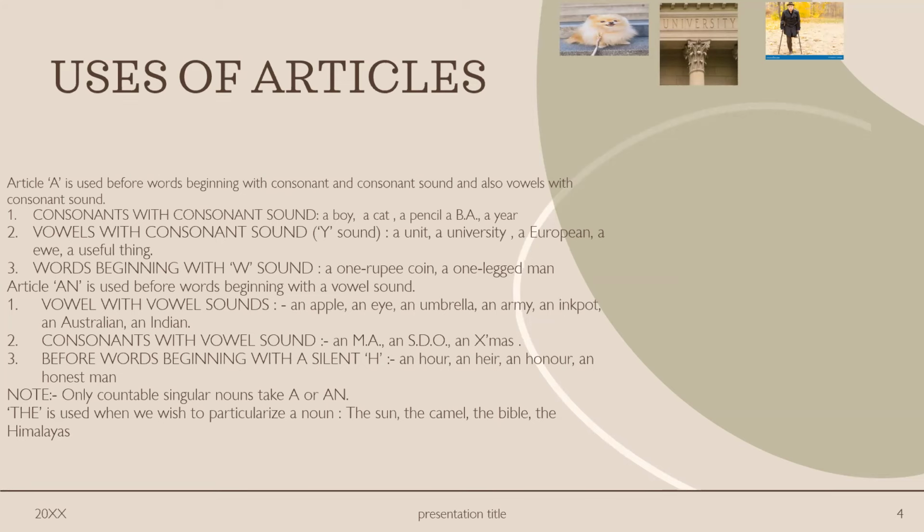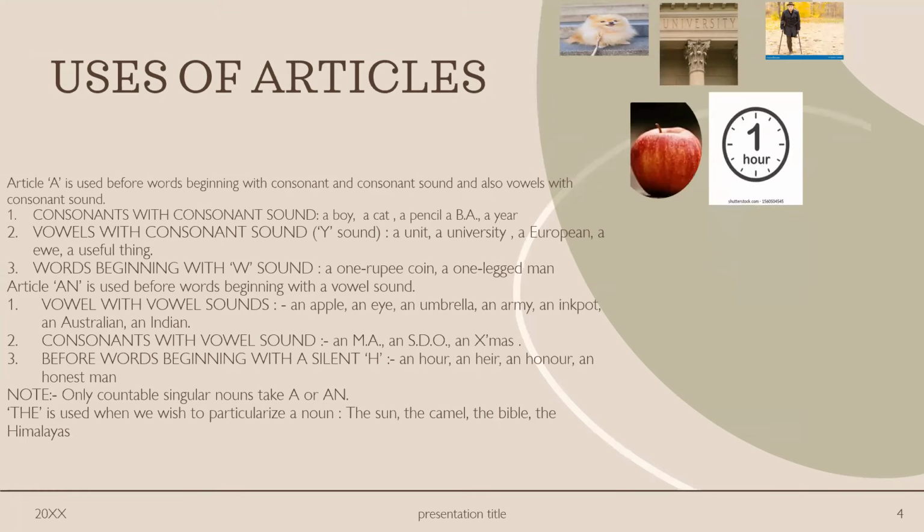Article an is used before words beginning with vowel sounds. Vowels with vowel sounds: an apple, an eye, an umbrella, an army, an inkpot, an Australian, an Indian. Consonants with vowel sounds: an MA, an SDO, an Xmas.